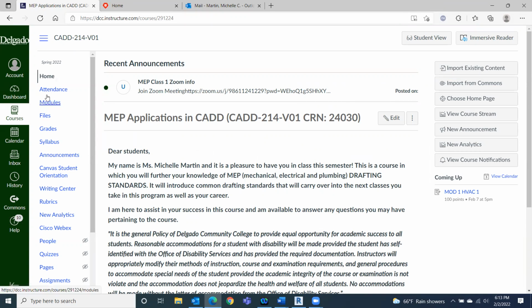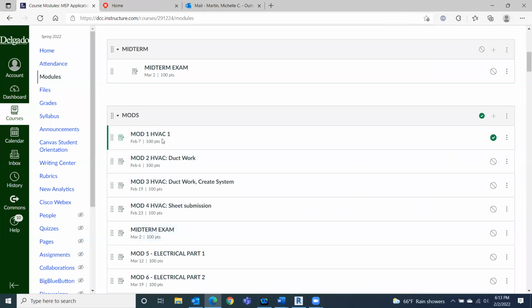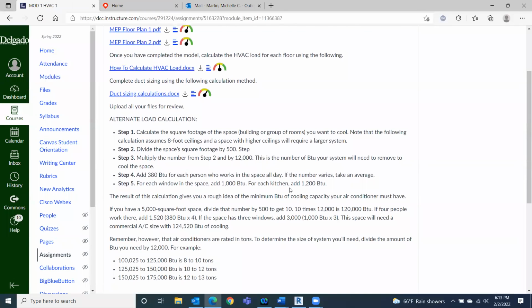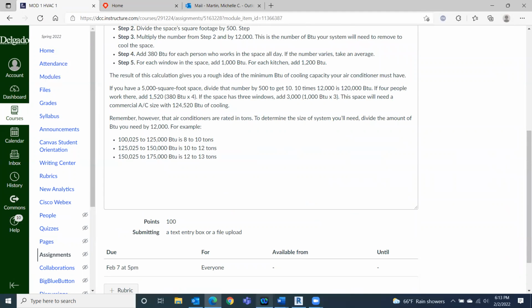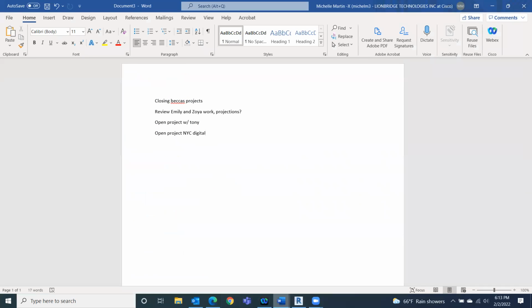All right, now if we go to mods and in our mod 1, because I did the calculations on there as well, it was coming out to a really large number because of the way I constructed that.